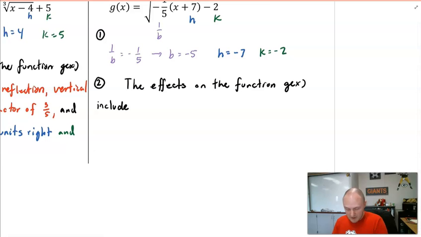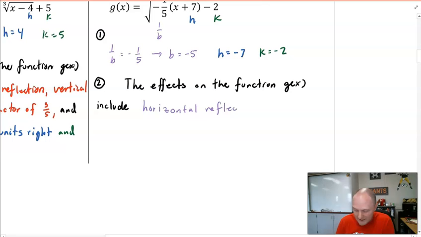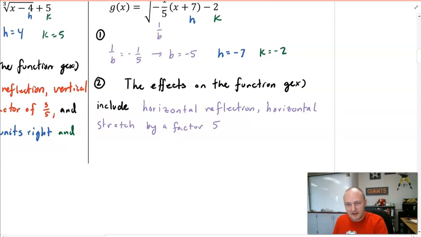So I'm going to have a horizontal reflection, or a y-axis reflection is another way of saying it. Okay, horizontal stretch by a factor of 5. Remember, we don't include the negative. The factor is 5.